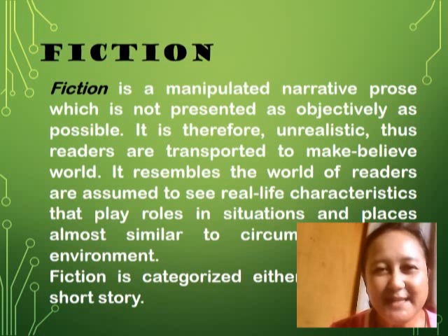But before we proceed to our discussion, let us first have a review of our previous lesson about poetry. So, poetry is, of course, its structure and forms. We know that a poem has lines, stanzas, meter, beat, rhythm, and rhyming pattern.